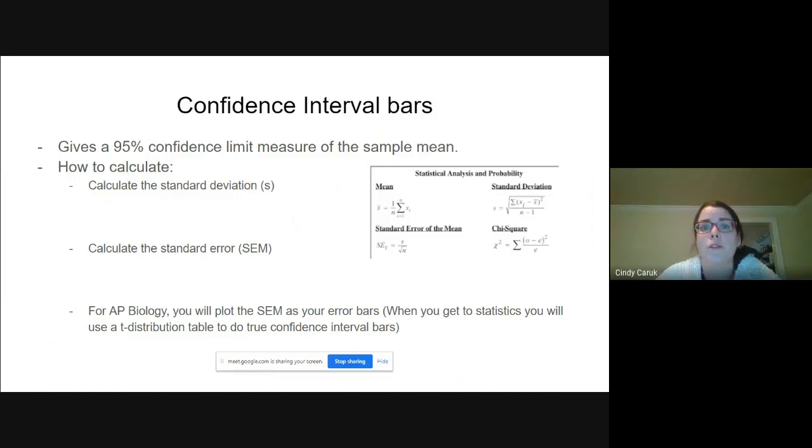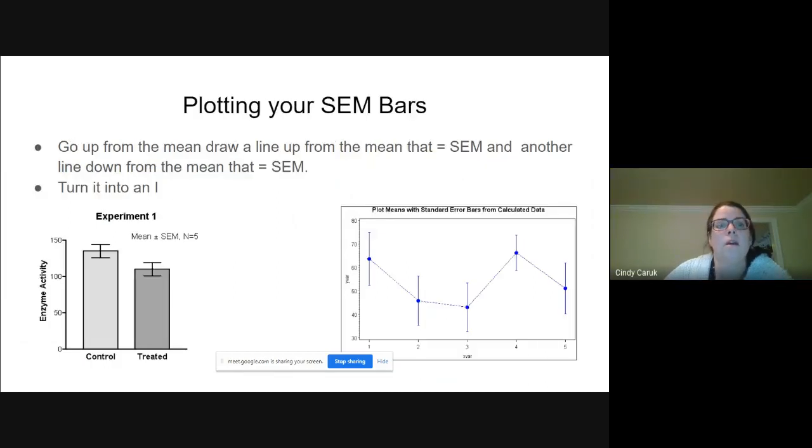We just have you use the standard error of the mean as though it's the confidence interval bars. So you're going to go up whatever your standard error of the mean is from your mean point, and down that amount, and you'll turn it into an I. And you can do that here on a line graph as well, right?